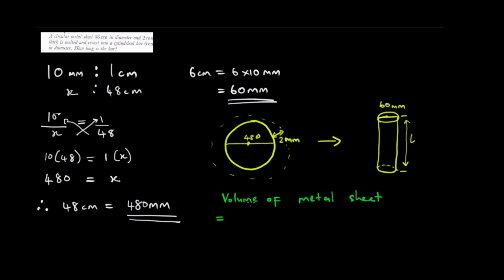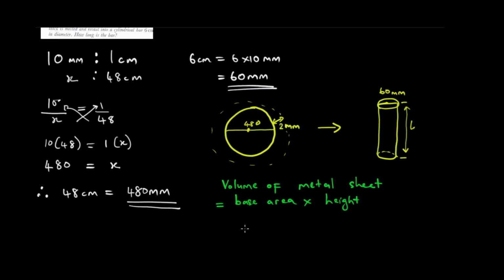So I will write that the volume of the metal sheet is equal to base area times height. What is going to be the base area? Remember, this is circular. So the base area is pi r squared times height h.